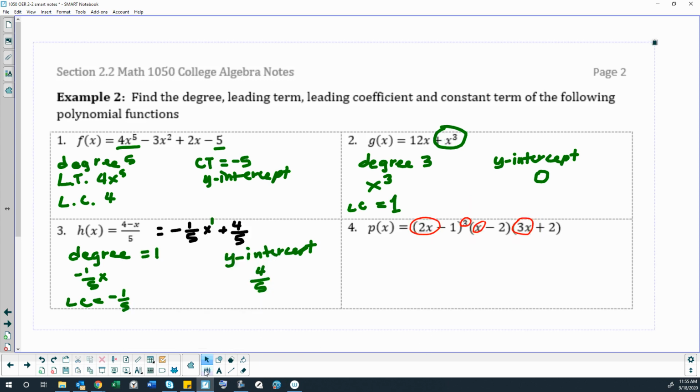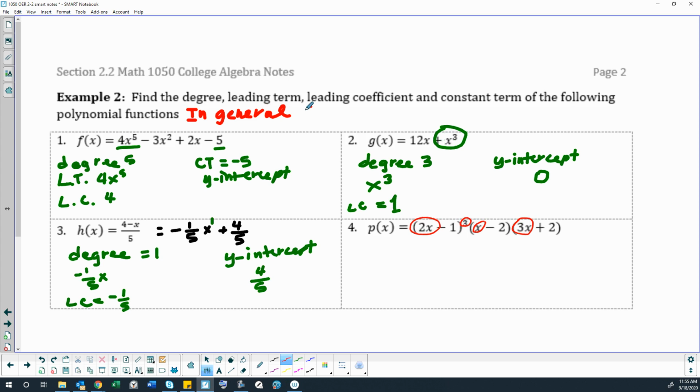So this is just a polynomial function that's in what we call factored form instead of general form. General form is what we have to have in order to get these correct answers. General form means it has to be multiplied out.